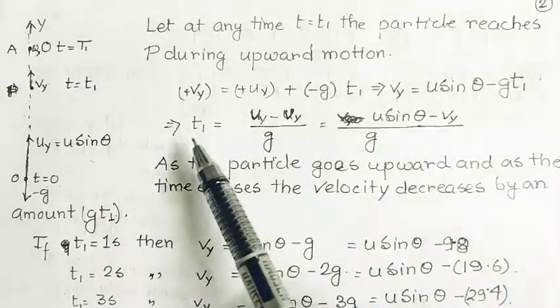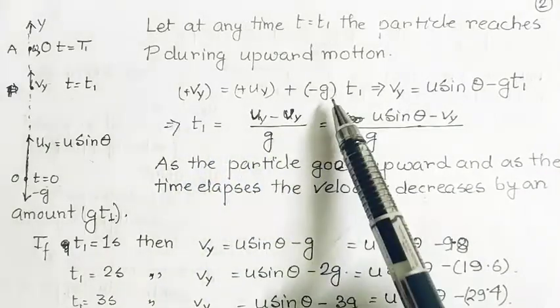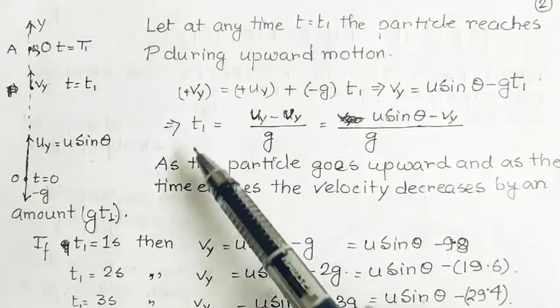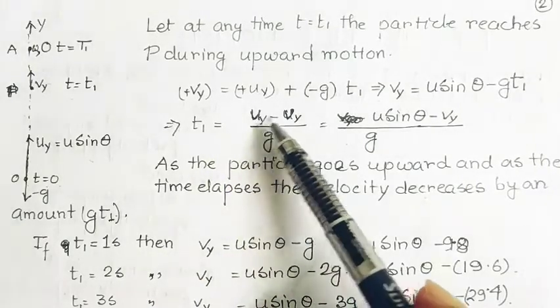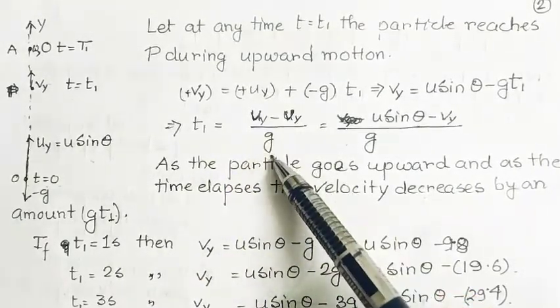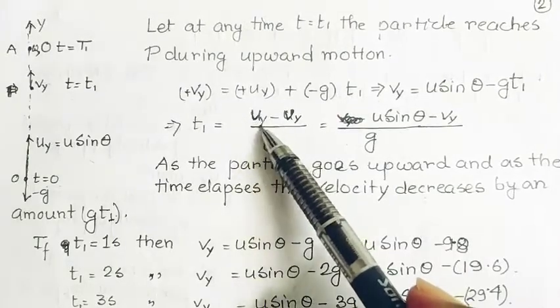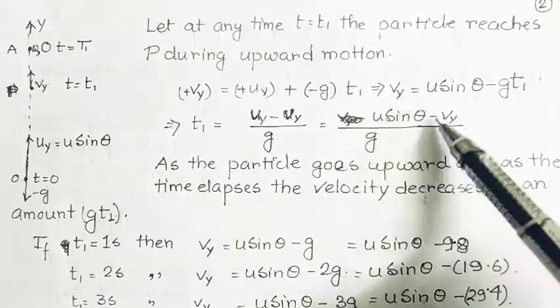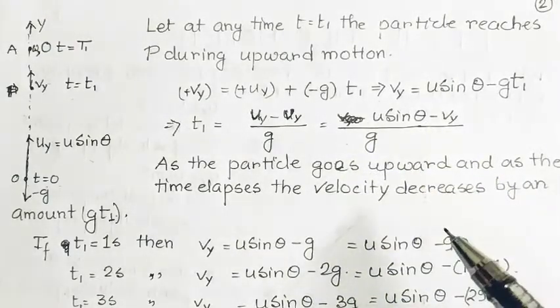With a little arrangement, it becomes Vy equal to u sin theta minus gt1, and t1 equal to Uy minus Vy divided by g, that is, u sin theta minus Vy divided by g.